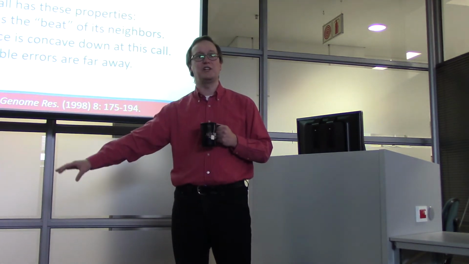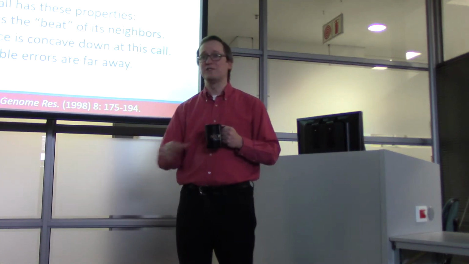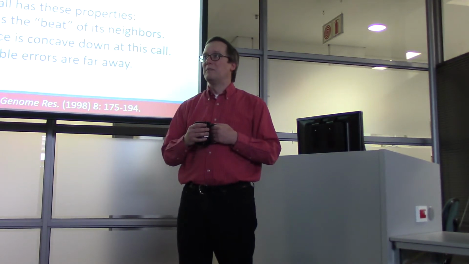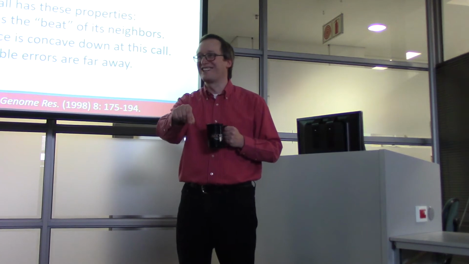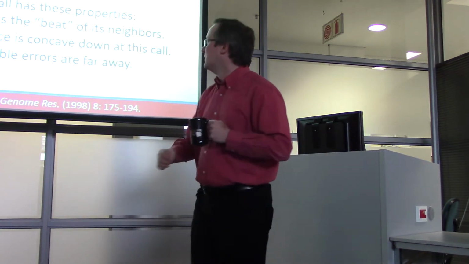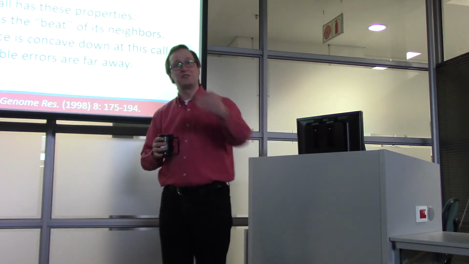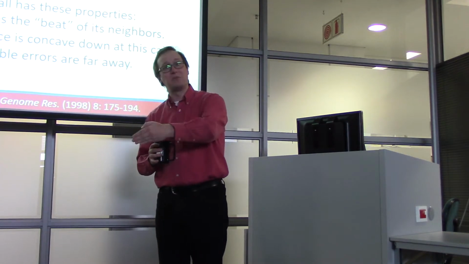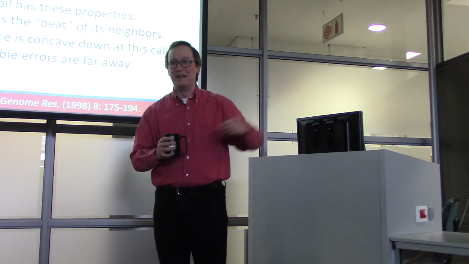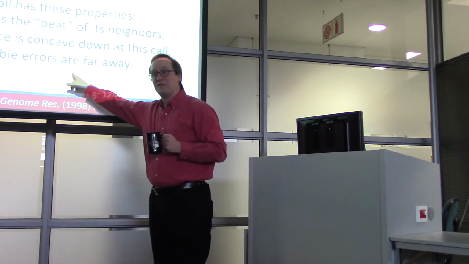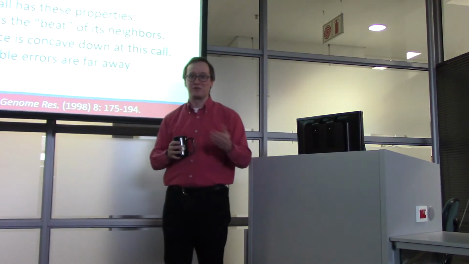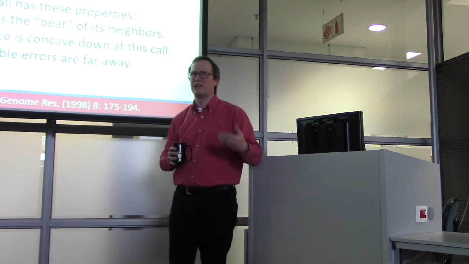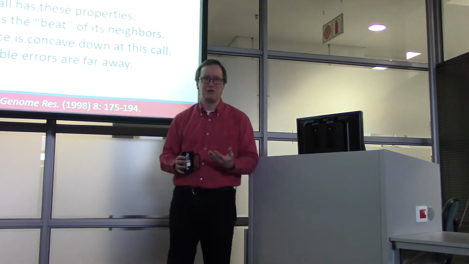They bought a trashy house and rebuilt a very nice house in its place, but before I moved into it, that neighborhood had been the crack house. So if your house is close to the crack house, you're going to have a lower property value than if you're miles away. In the same way, if this base call within your sequencing read is very far away from the nearest likely error, you can feel more comfortable about it.